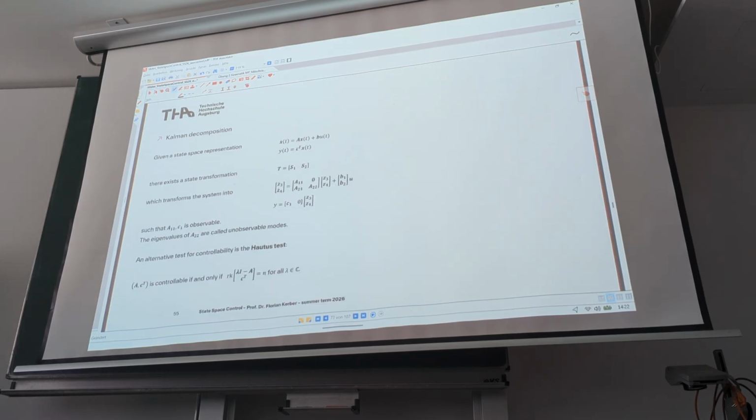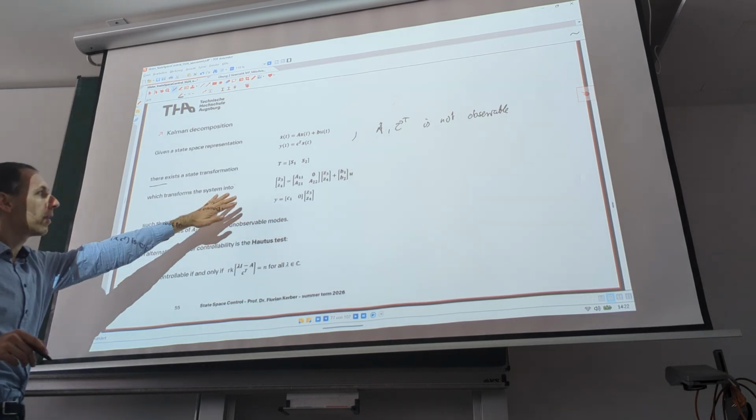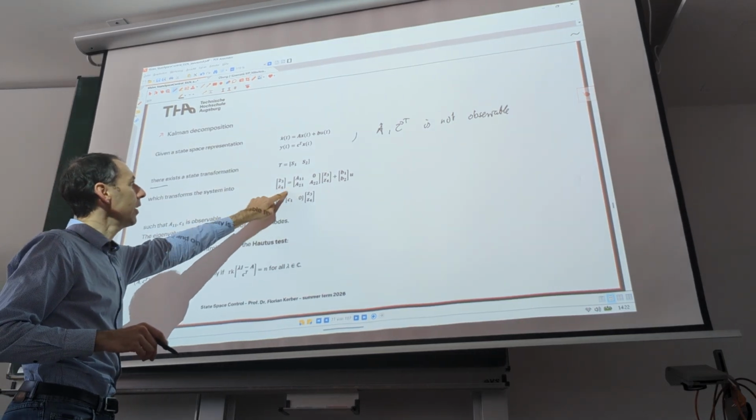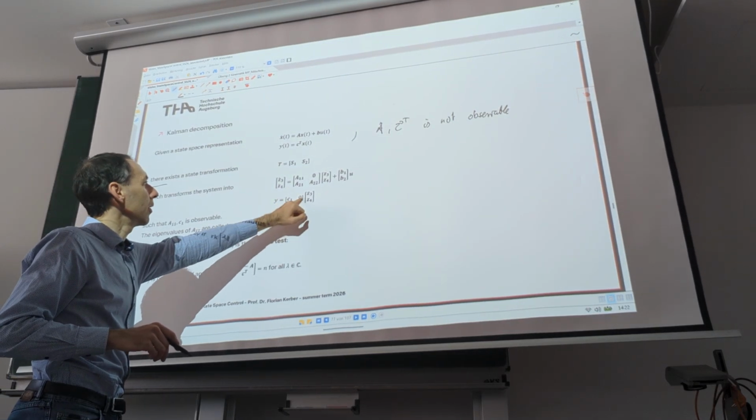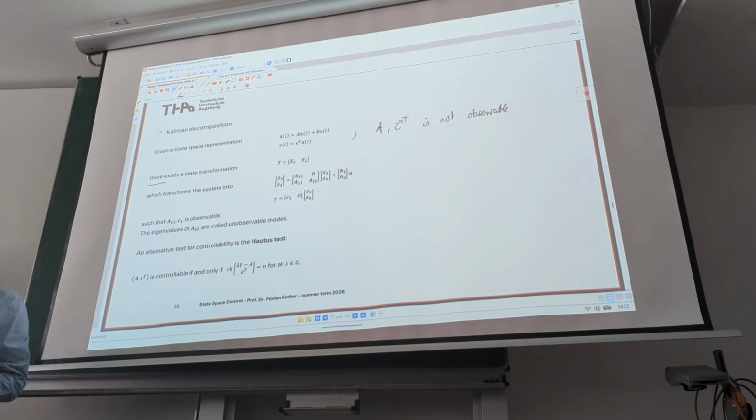Then we can do something similar for observability. Again, given the state space representation, if we say that the pair (A, C) is not observable, then there exists a transformation which brings the system into this form, where we can see that the second part of these dynamics, Z4, is not visible in the output.